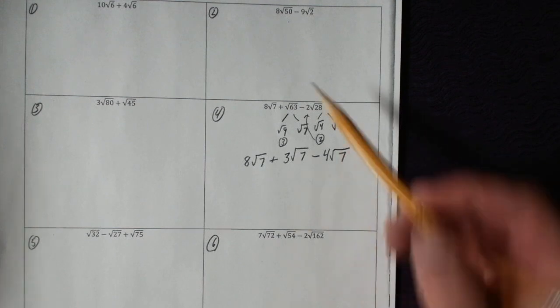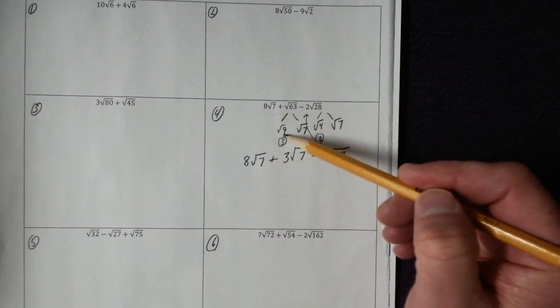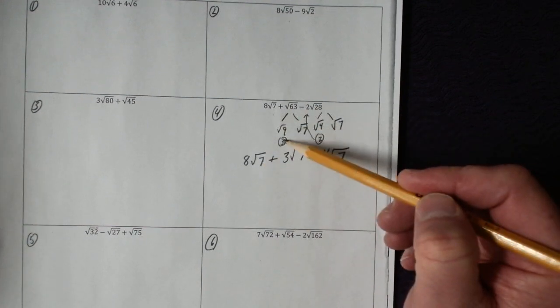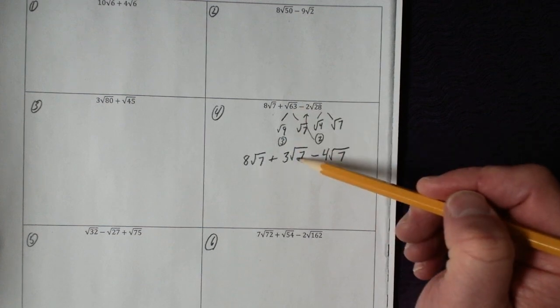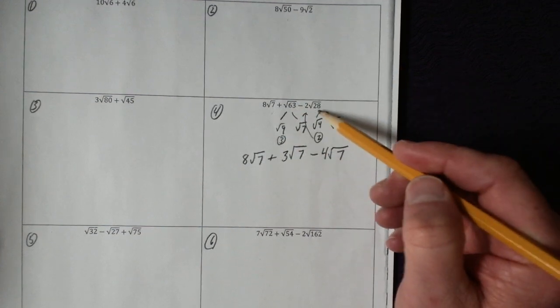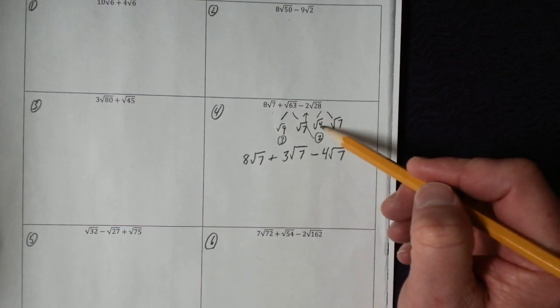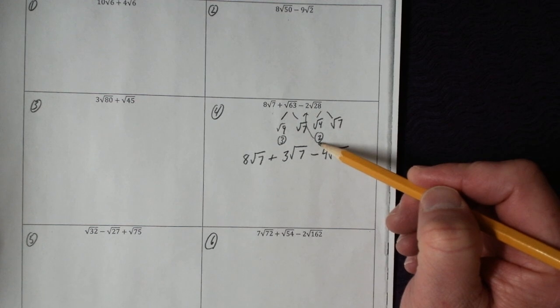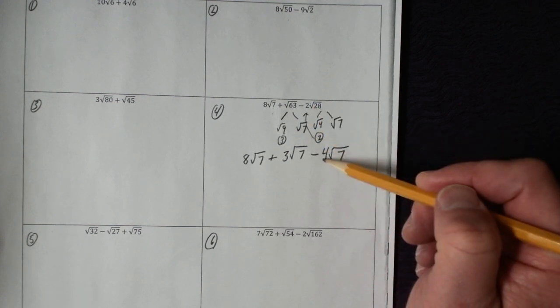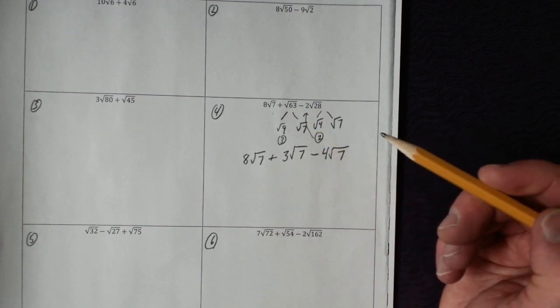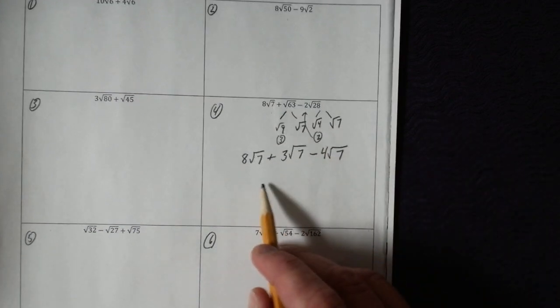So let's double check. I brought down this one. I broke this one down to 9 and 7, which is 3. There's the 3 radical 7s. Now I got an extra step here. I broke it down into 4 and 7. The square root of 4 is 2. 2 times 2 is 4. Okay, so let's go ahead and just add it straight across.